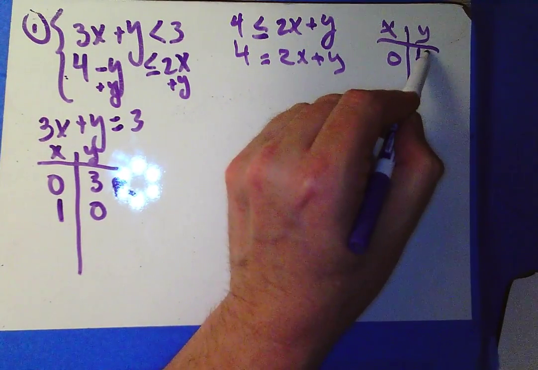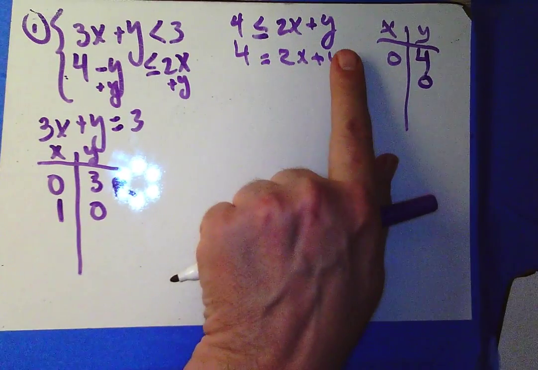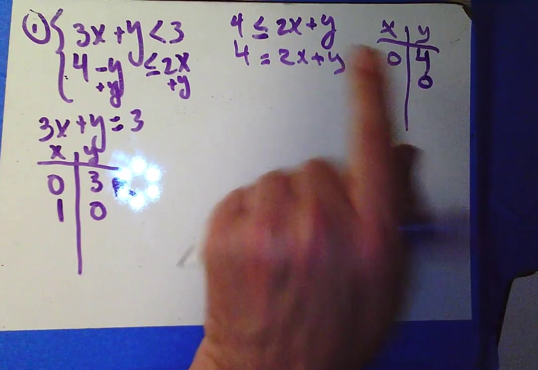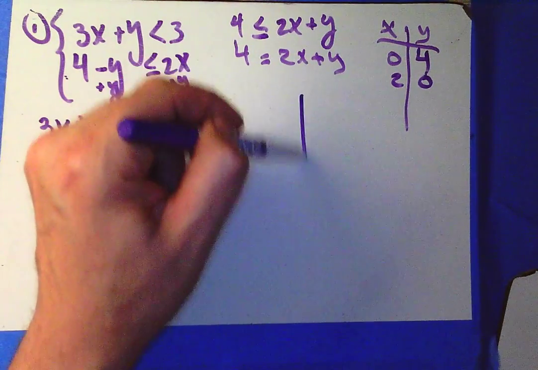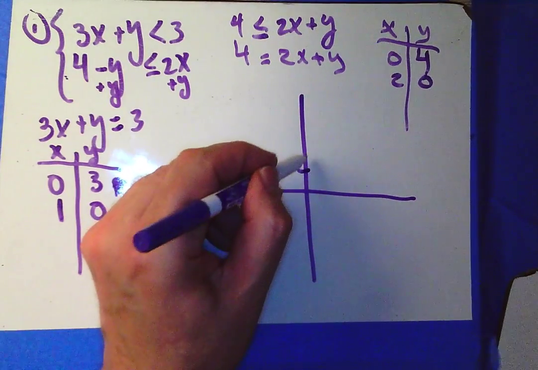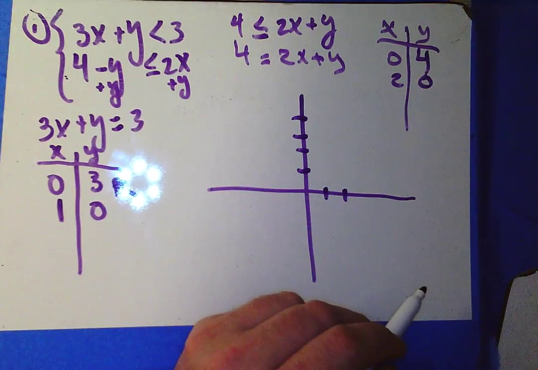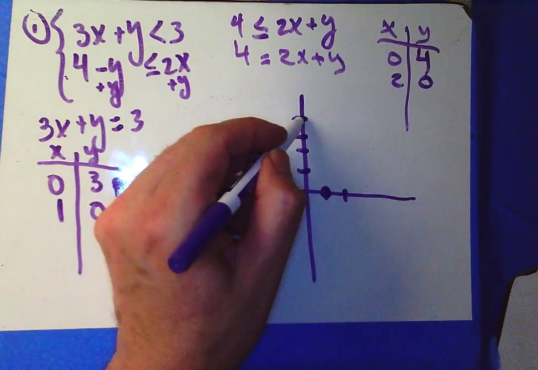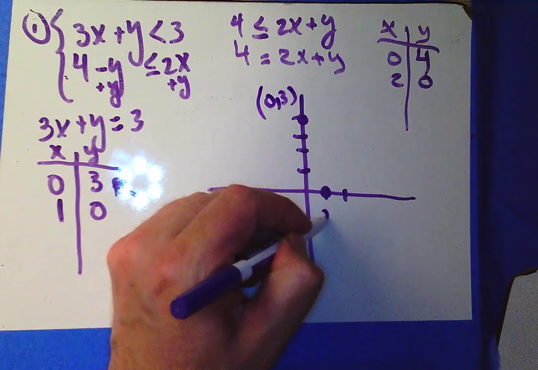In this case, that's 4. And I plug in a 0 for y to find that 2x equals 4, or x equals 2 is my x-intercept. So if I graph 1, 2, 3, 4, 1, 2, I get (1, 0) and (0, 3).